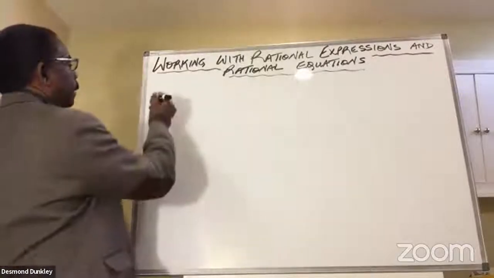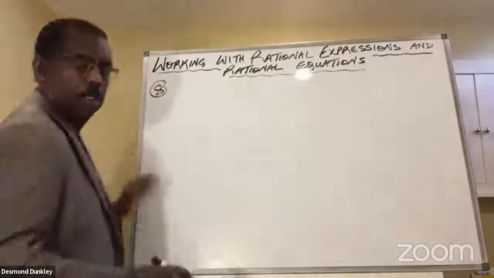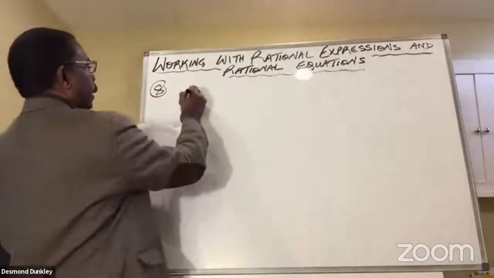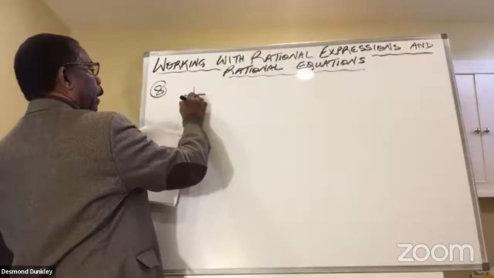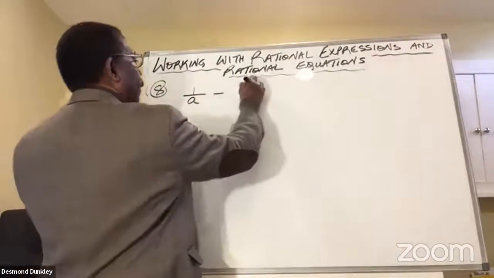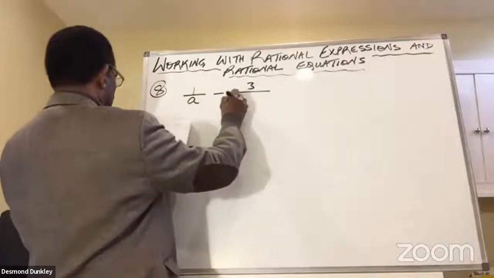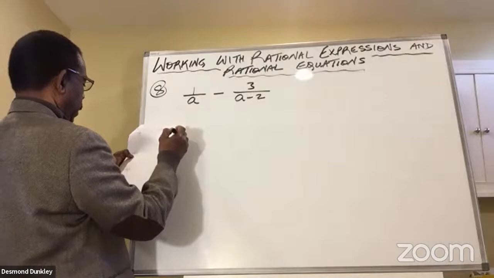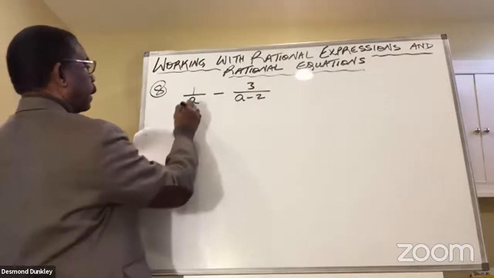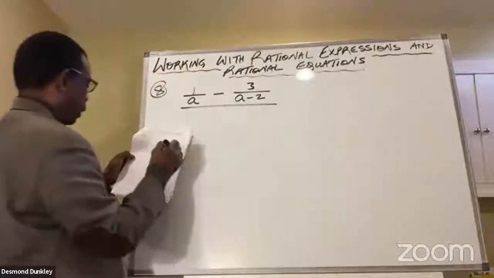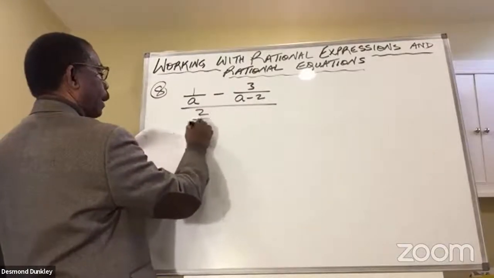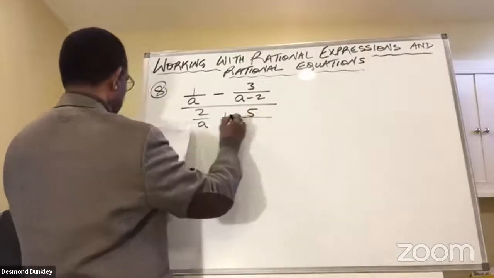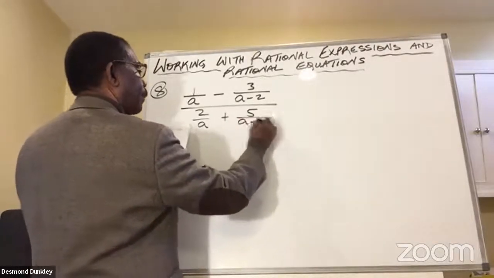Okay, so this is number 8. You'll see the reason why I did this one. It's 1 over a minus 3 over a minus 2, divided by 2 over a plus 5 over a minus 2.